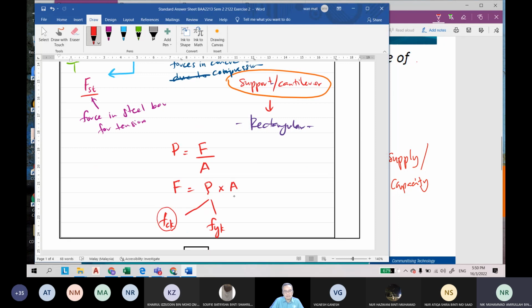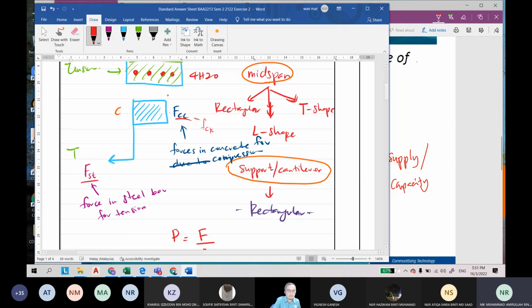The area is either the area of steel bar, or the area of the compression zone. This is the compression zone here.